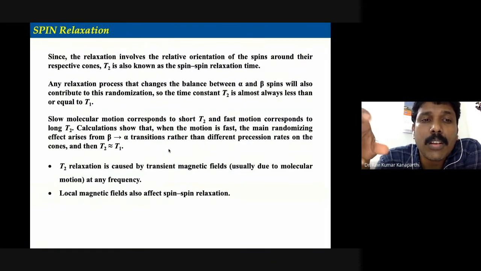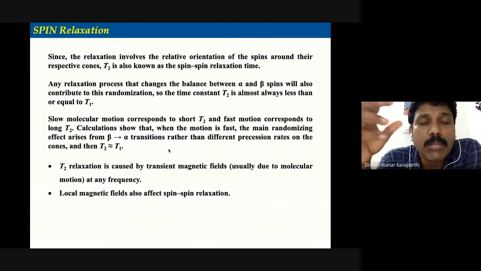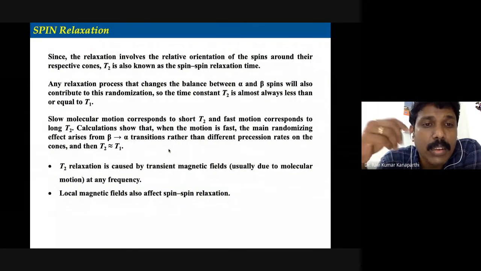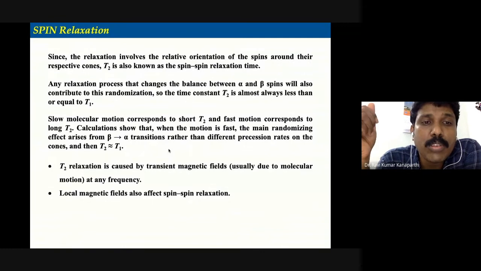Okay, and in terms of the tumbling motion, you can always understand that if the molecular motion is slow, then it will lead to a short T2, and faster motion corresponds to a longer T2. Why?